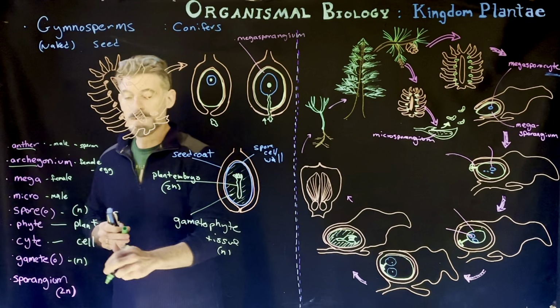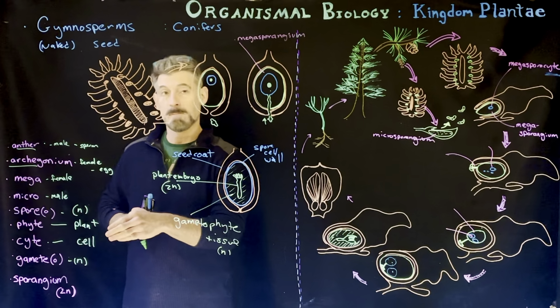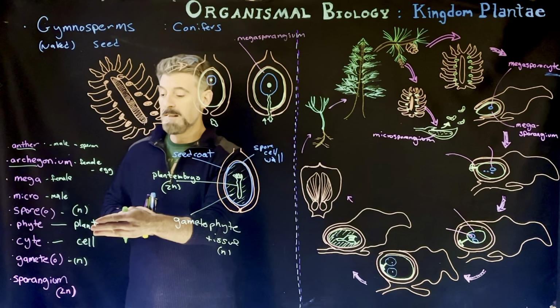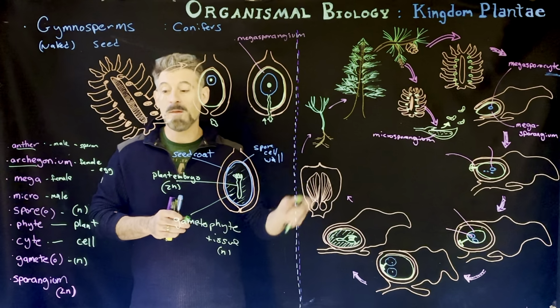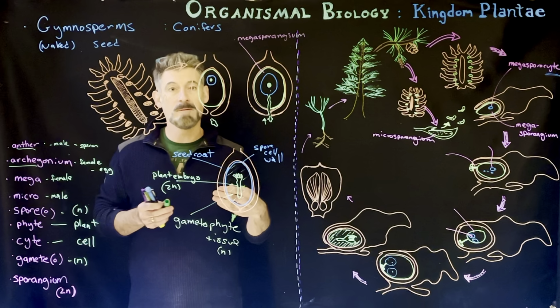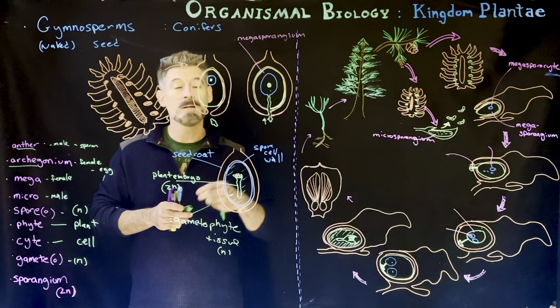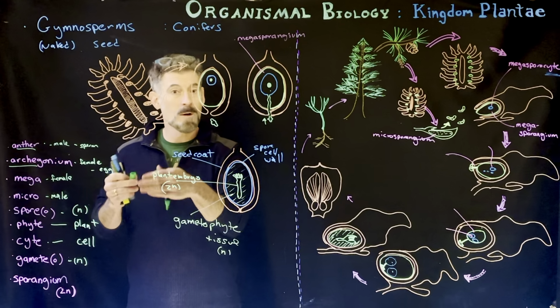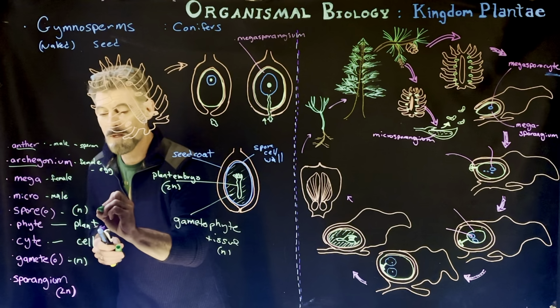The organisms that are gametophytes are the organisms where all the cells are haploid. And the sporophyte is the organism that, while it produces the 1N spores, is the one that can actually undergo meiosis.